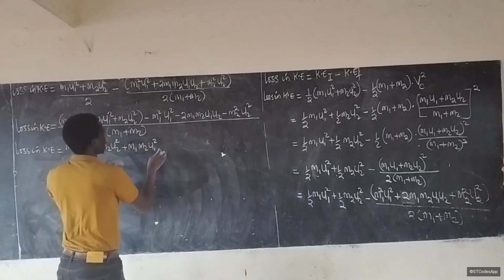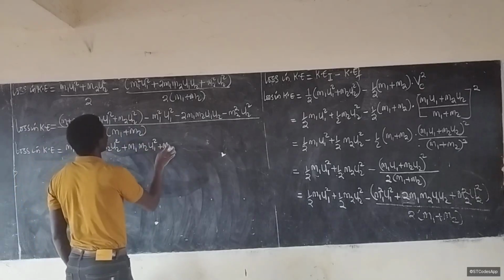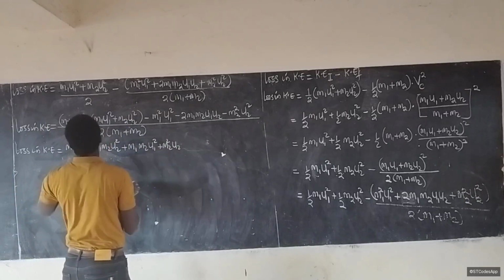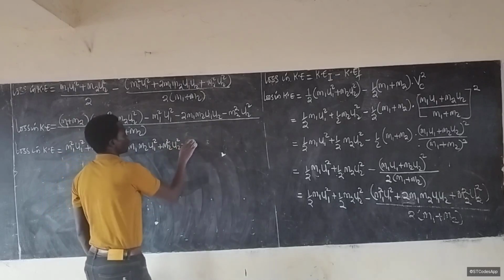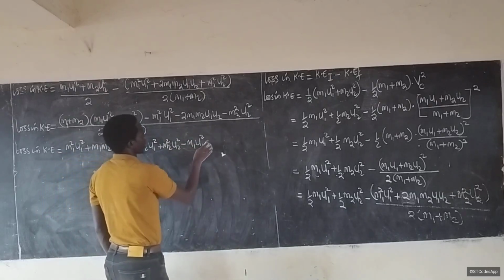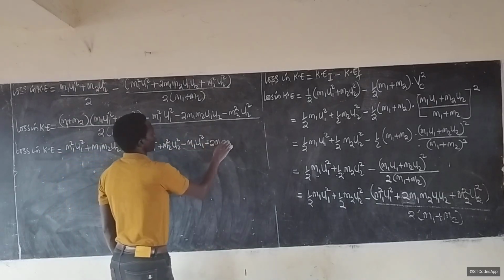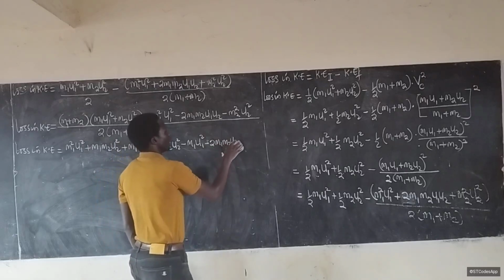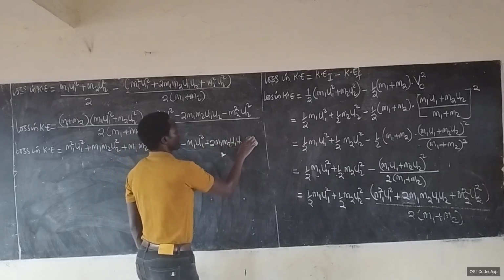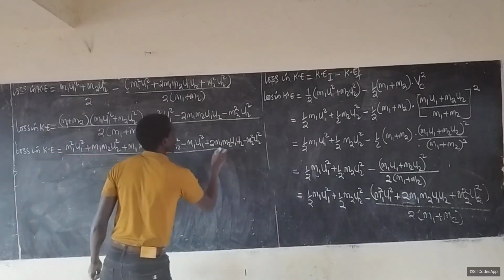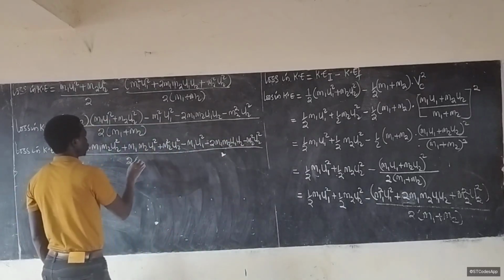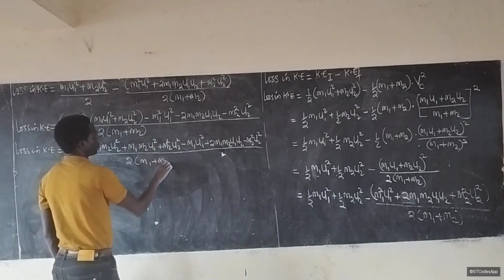Then when I multiply this and this, I'll have plus M2 square U2 square, minus M1 square U1 square, minus 2 M1 M2 U1 U2, minus M2 square U2 square. Then all of this is being divided by 2 open the bracket M1 plus M2.